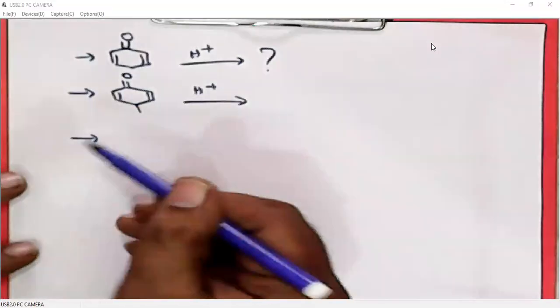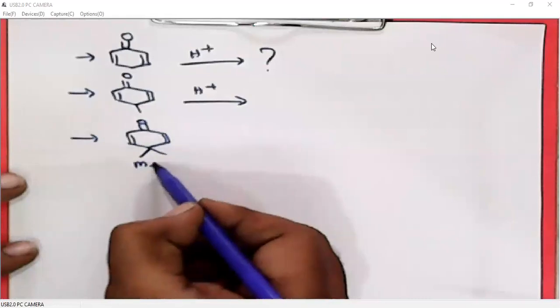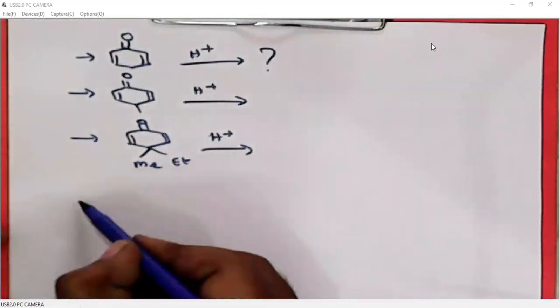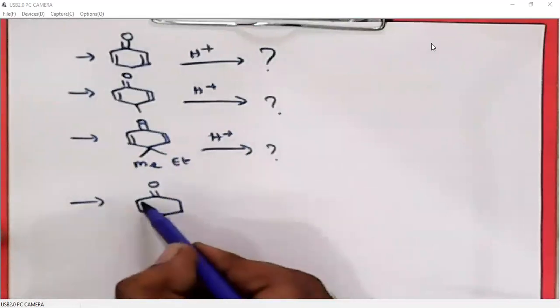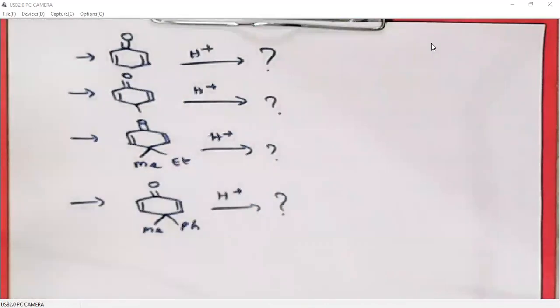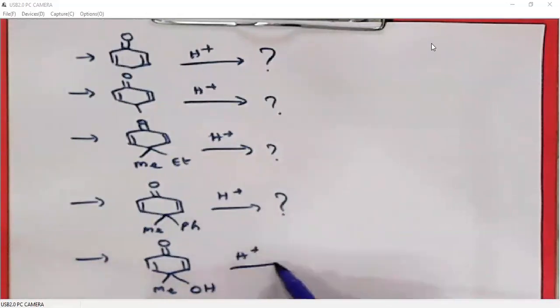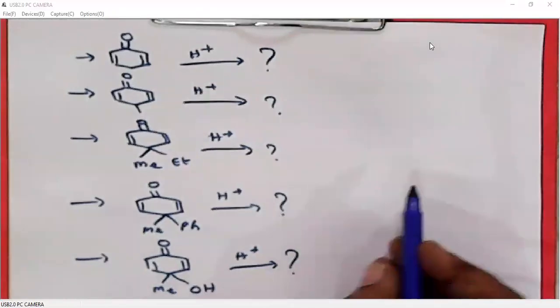Hydride migration is the first preference, then phenyl migration, then ethyl, then methyl, and finally OH group migration is the least priority. I'll give you one more example.